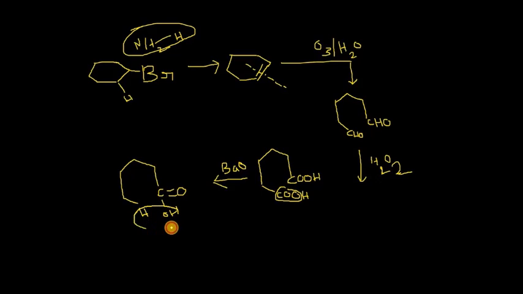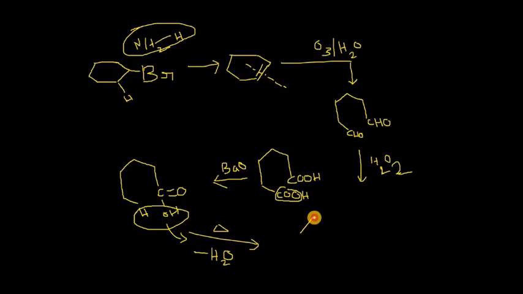After treatment with barium oxide, they have given heating of this compound. So after heating, what will happen? It will lose a water molecule. This is the water molecule removal in this reaction. So the ring will get closed after this step.